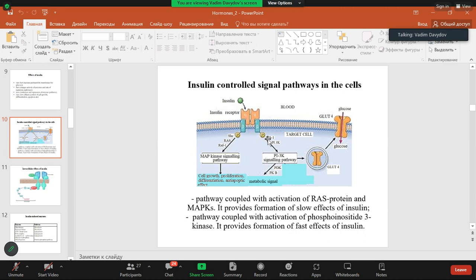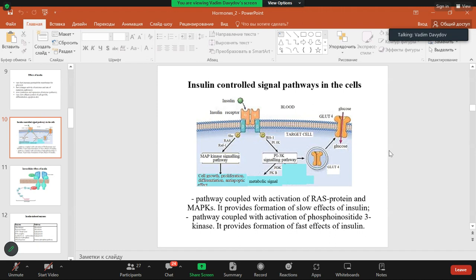This signal transduction pathway is coupled with providing different kinds of fast and very fast effects of that hormone. Now let's talk concretely about each signal transduction pathway of insulin in the target cell.